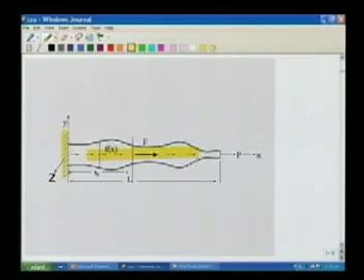Under the action of these loads, I would like to now obtain the deformed shape of the bar. I would like to know what happens to this bar.